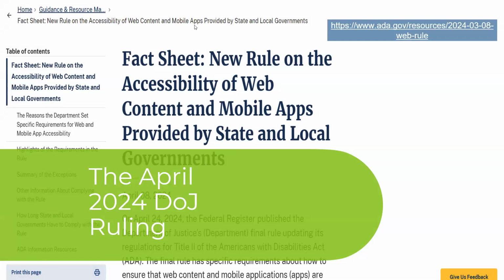So this came out, as you can see there, April 2024, and unfortunately, some folks only just now are hearing about it. Although it was fairly well publicized by both Oakland and OLC, so you might be a little bit behind the eight ball here.